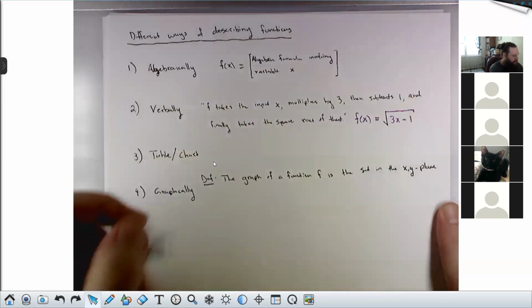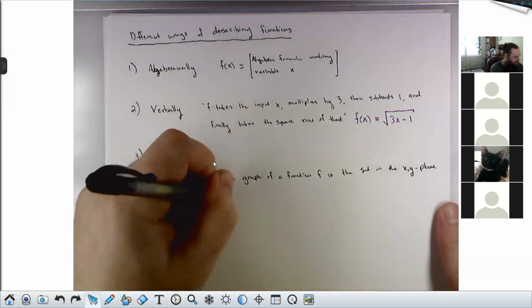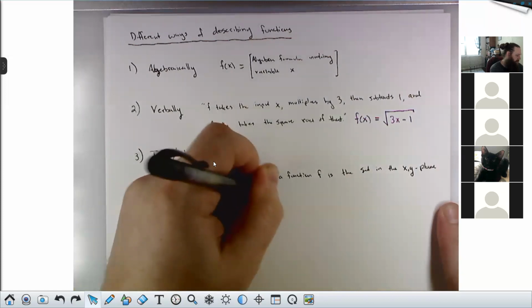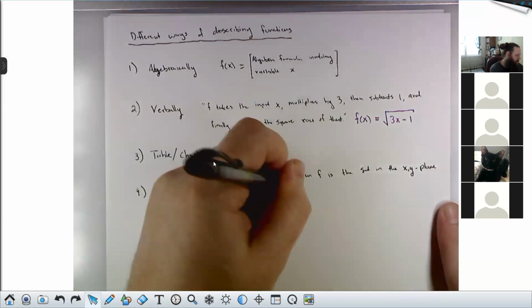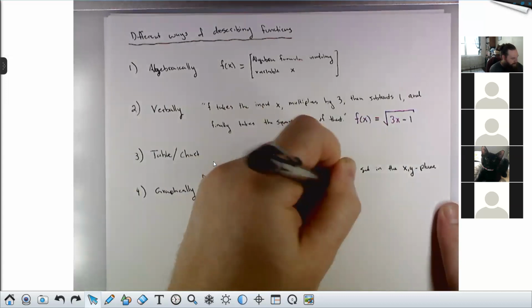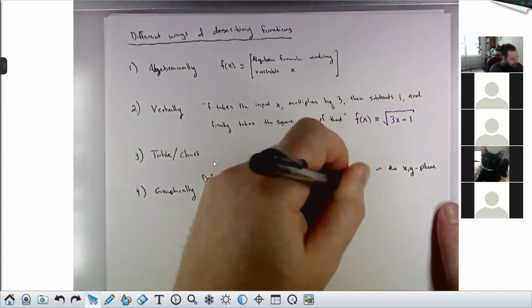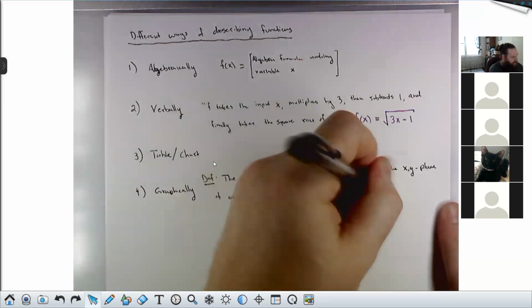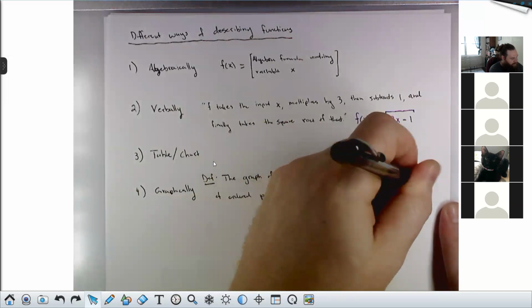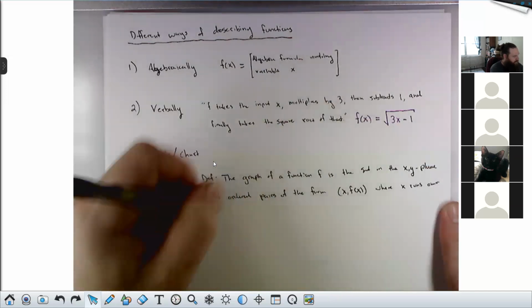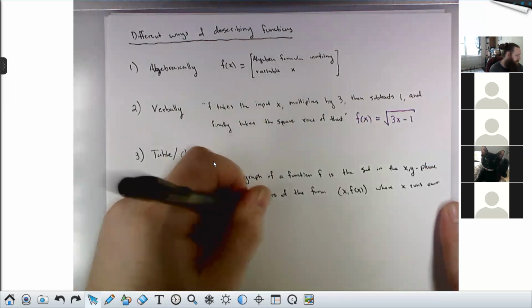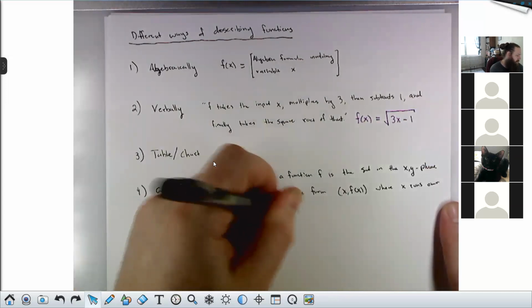So it's going to be a bunch of ordered pairs of the form x comma f of x, where x runs over the domain of the function f.